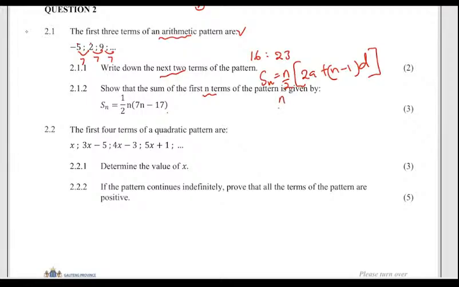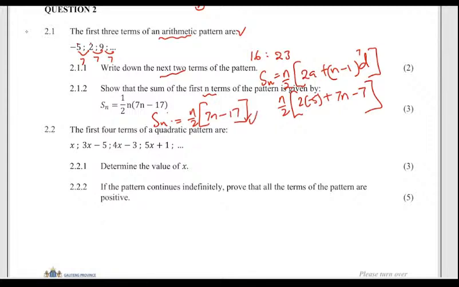Then let's do the substitution. n over 2, our first term is negative 5, plus 7 is our d, meaning that we're going to have 7n minus 7. So negative 10 and negative 7, we get negative 17, meaning that n over 2 into 7n minus 17 is equal to Sn.